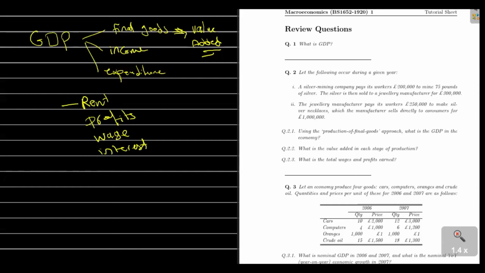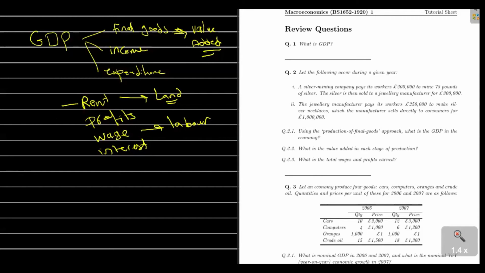The first is land, which refers to all natural resources, and they have rent. When we talk about wage, that's for labor: workers contribute to the production process, and they have wage in return.